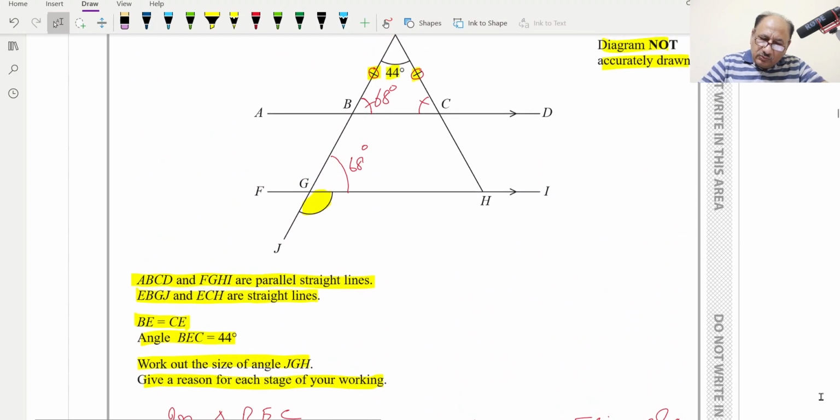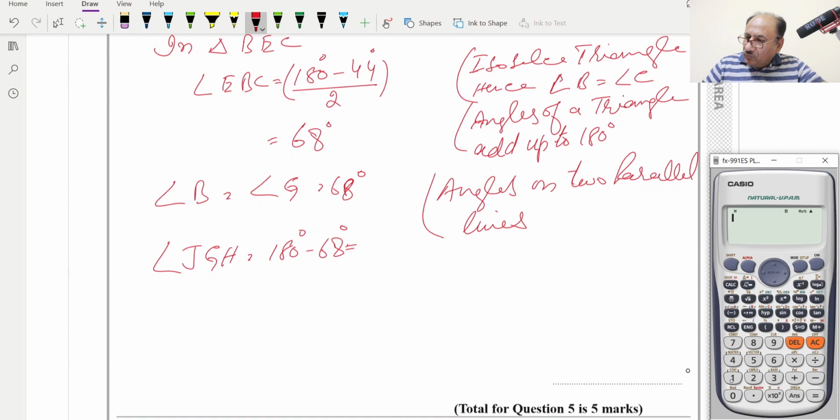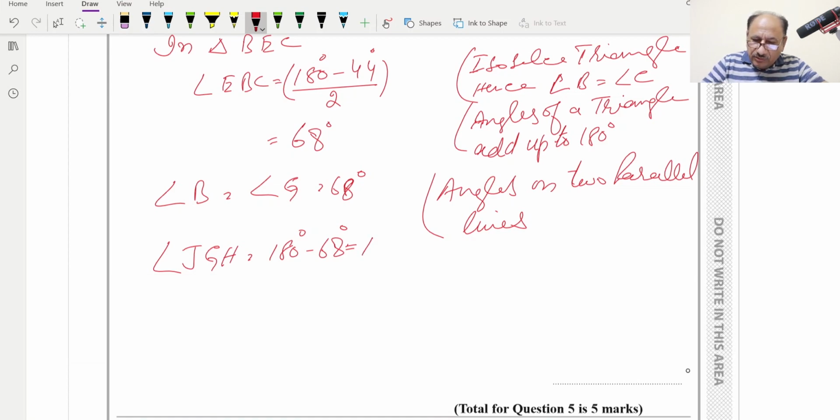Then this one is 180 minus 68 degrees, and this will be equal to how much? Angle JGH is equal to 180 minus 68 degrees, which is 112 degrees. So the reason for that one is angles on a straight line.